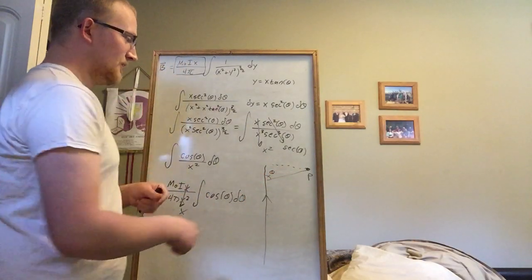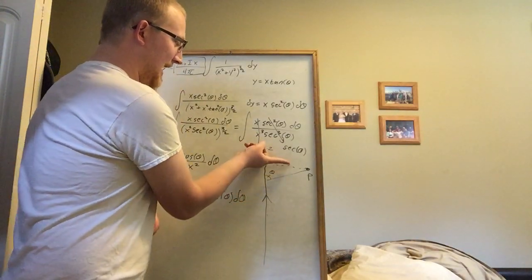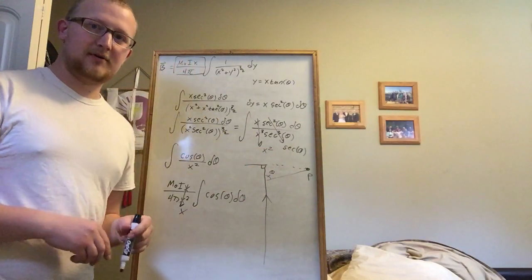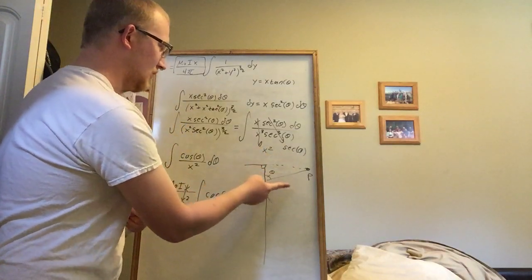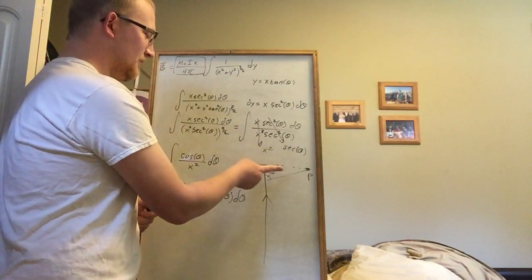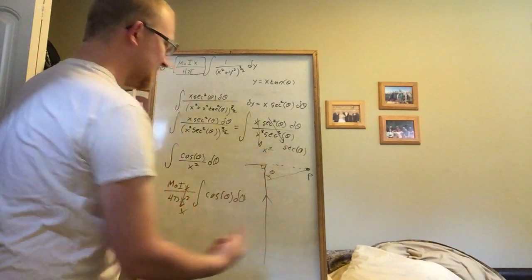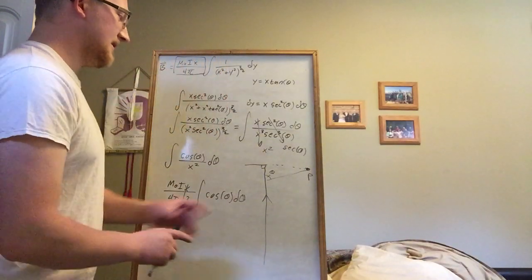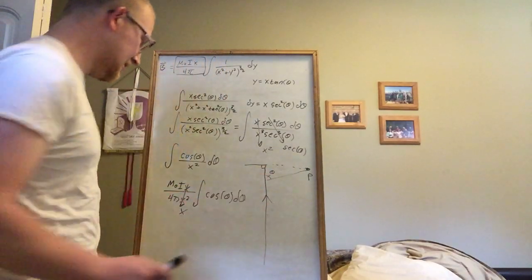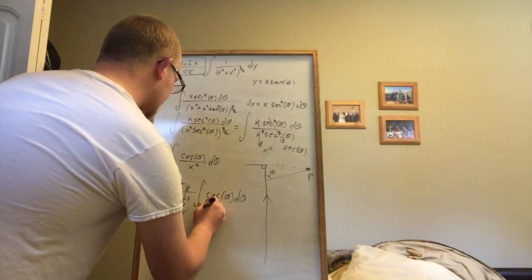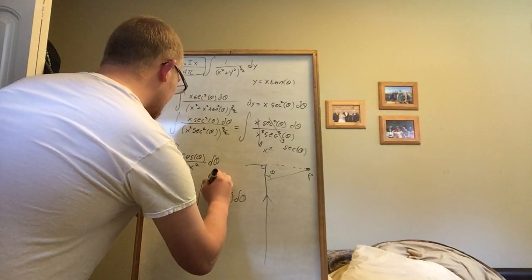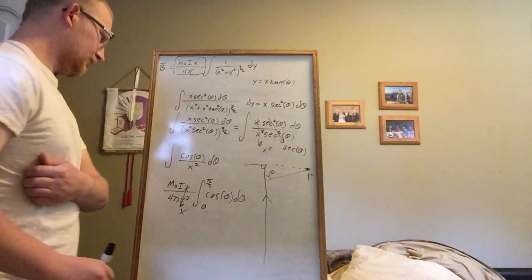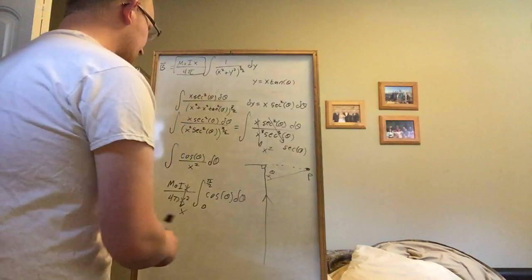Now you'll notice that when we are flush with this corner, our angle will be 90 degrees, and then when we slide ourselves out all the way off to infinity, because this is an infinitely long wire, that angle is going to get very close to 0. So we're going from pi halves, starting here, to 0. And so now what we do is we take the integral of cosine.